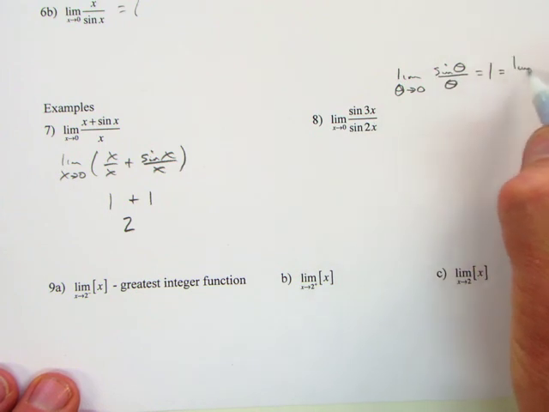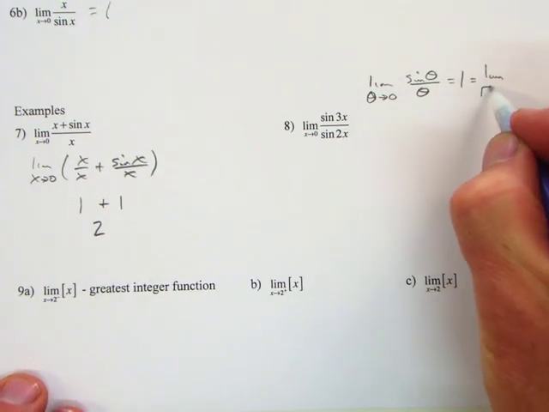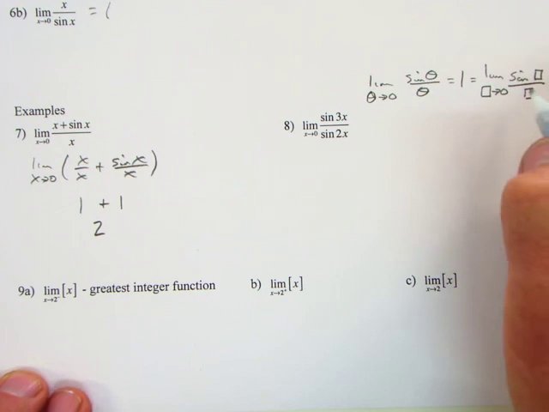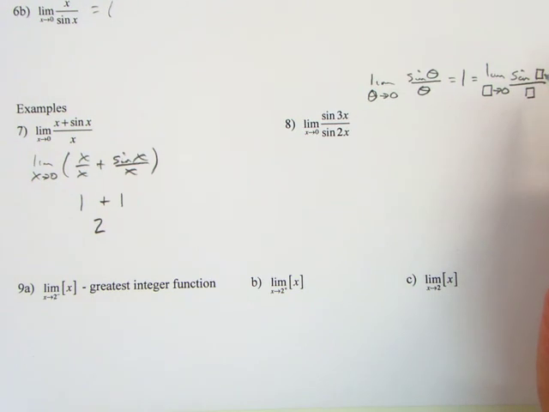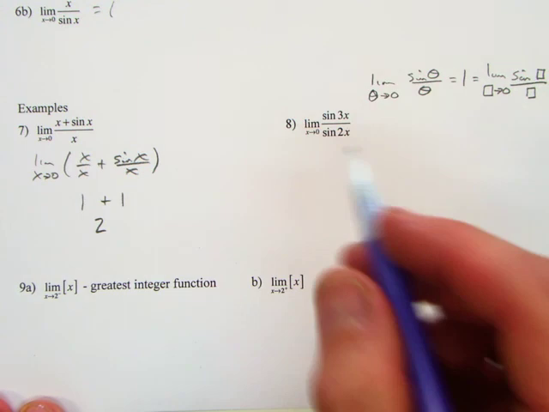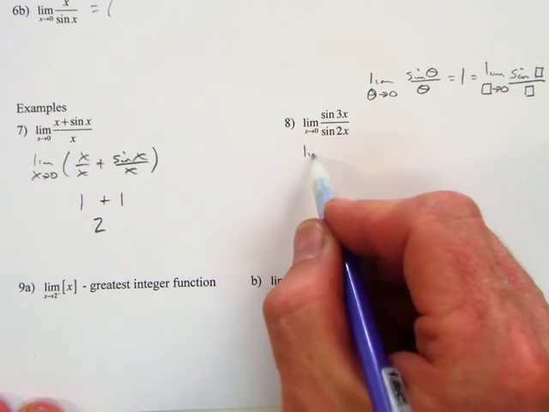Or I could write it as the limit as box goes to 0 of sine of box over box. And what I'm trying to emphasize there, as long as the inside of the sine, the argument of the sine, is the same as what is dividing by, and that is going to go to 0, then that ratio goes to 1. So we want to try to create that in this problem.